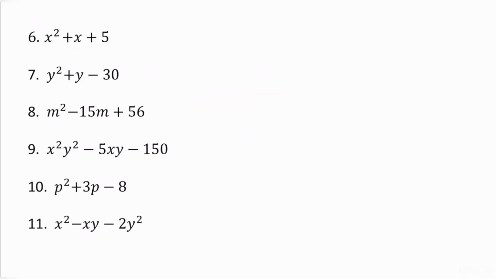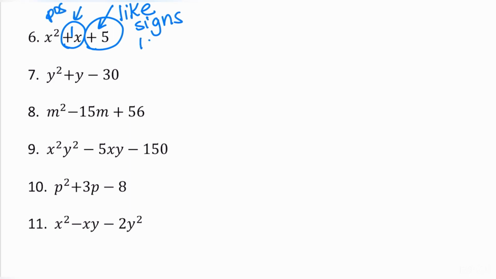Okay, let's go ahead and do number 6. In number 6, it has to multiply to give me positive 5 and add to give me a positive 1. So I'm going to write down the combinations that give me positive 5. In this case, the last one is positive, which means we have to have like signs. And because the middle sign is positive, both have to be positive numbers, which is easy. So that means 1 times 5.